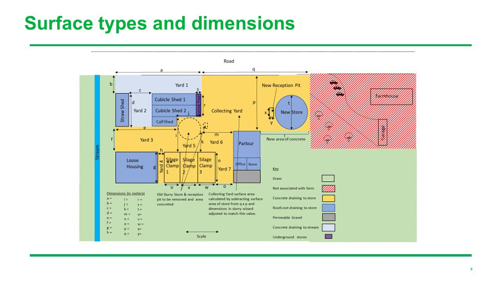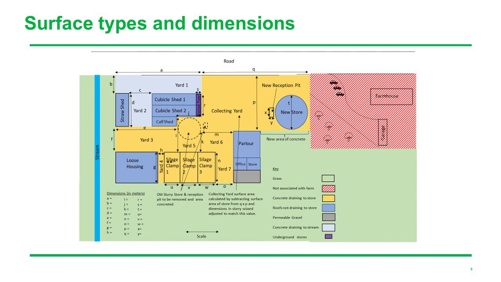Your descriptions of surface types must explain which are impermeable and which are permeable. As well as using your site plan to understand where the dimensions provided come from, it is used to consider the size of the features when assessing how close they are to other features like watercourses.